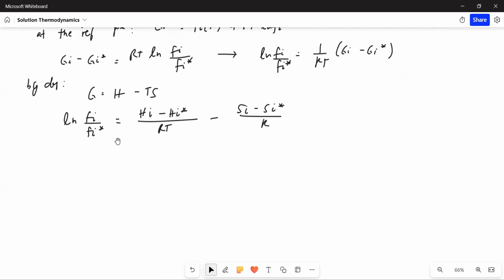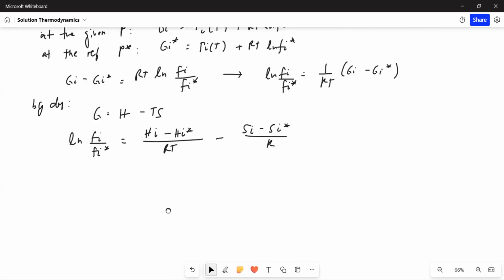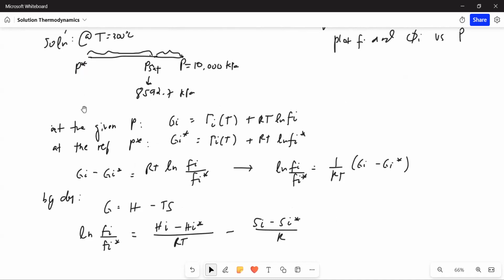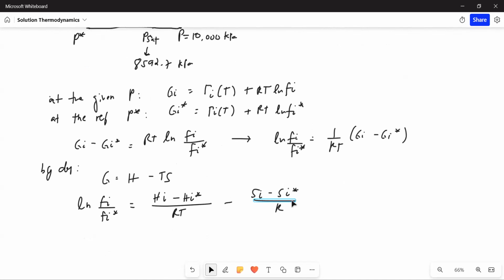fugacity at the given pressure. An important thing is to set the reference pressure. If we want to set a reference pressure, at this point we don't know the fugacity at the reference pressure.